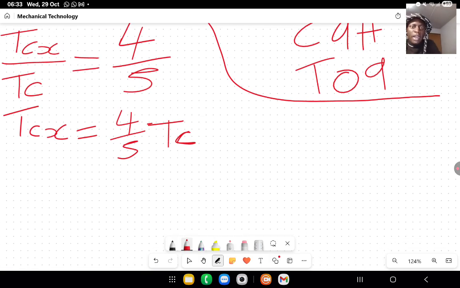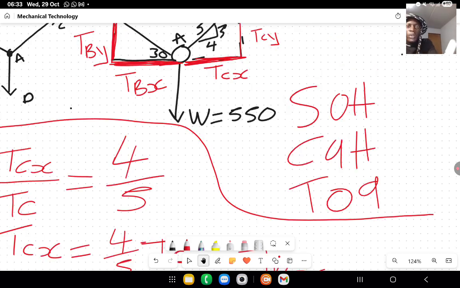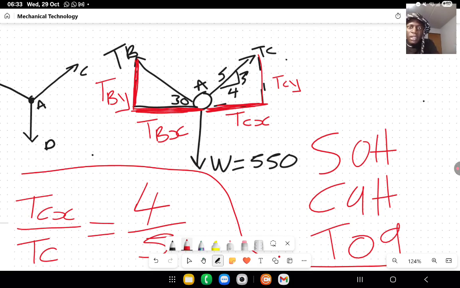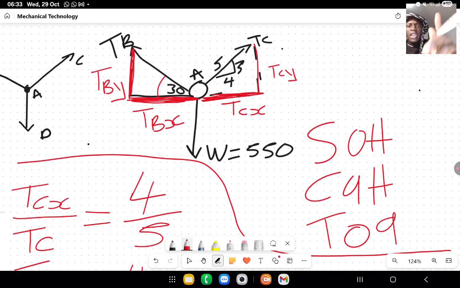Now we are going to find TBX. TBX is on this side, and we have this angle 30 here. TBX is equal to TB cos 30. But if this is our Cartesian plane, with x-axis and y-axis, this side is positive but this side is negative.